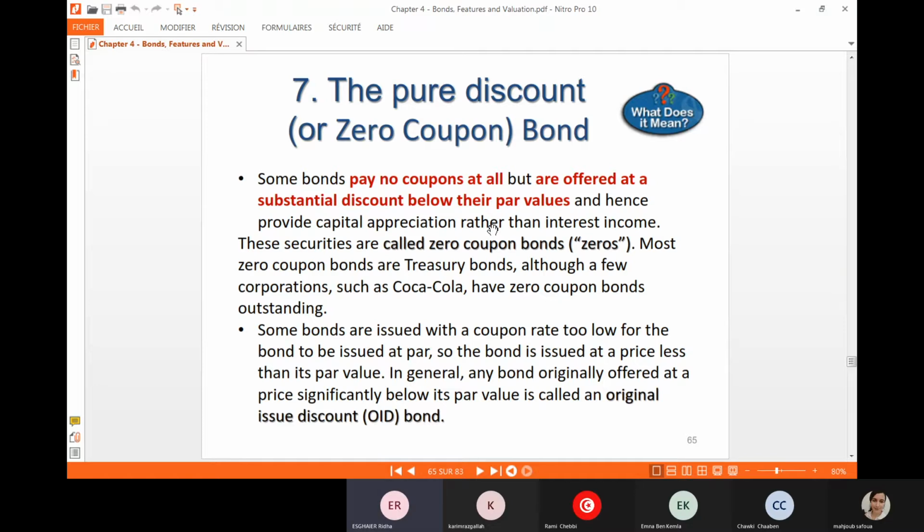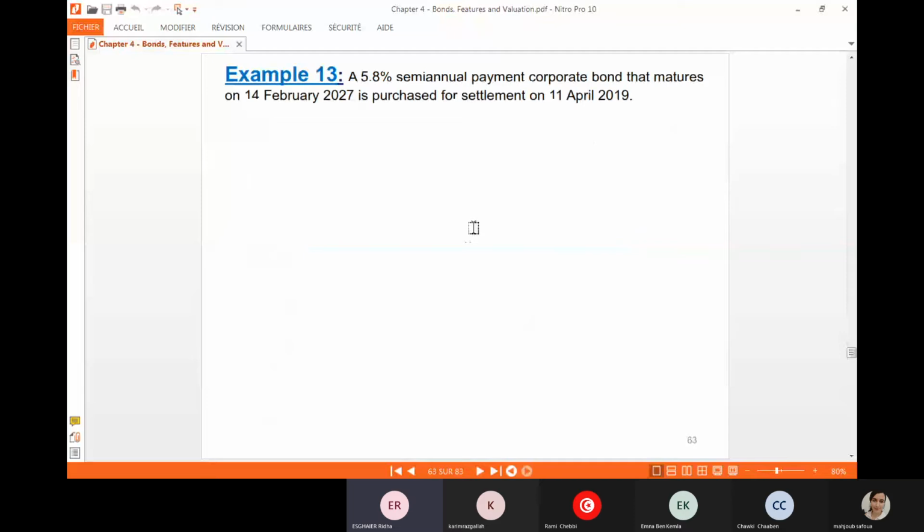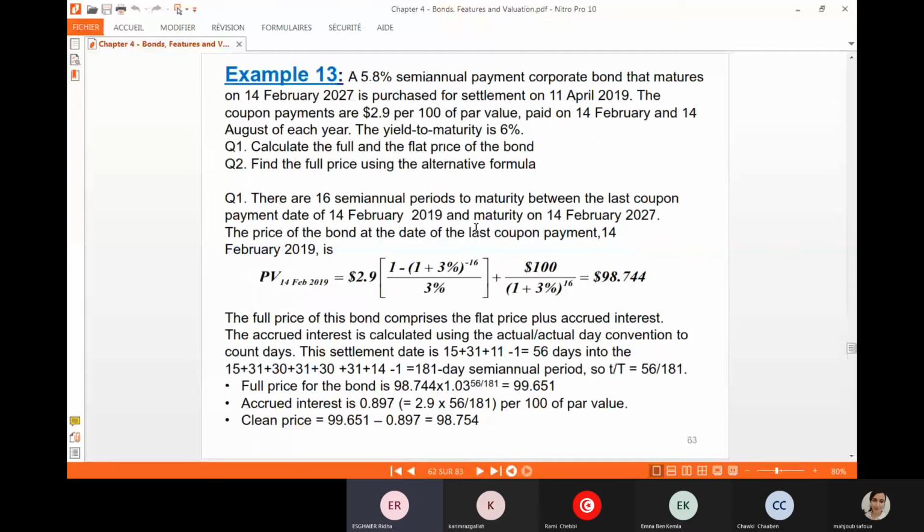But here, the bond will not pay interest during the different periods. So here it would be a discount bond, since its interest rate is zero, almost zero. So the value of the bond today will be, if you take the traditional formula of valuation.